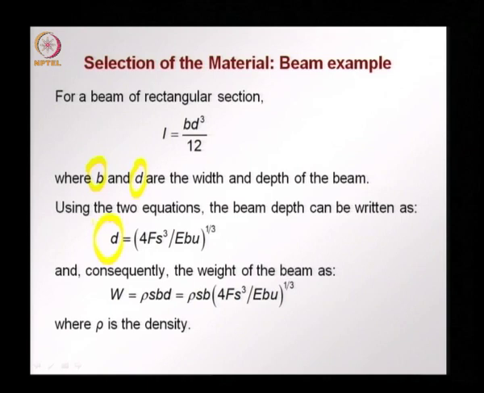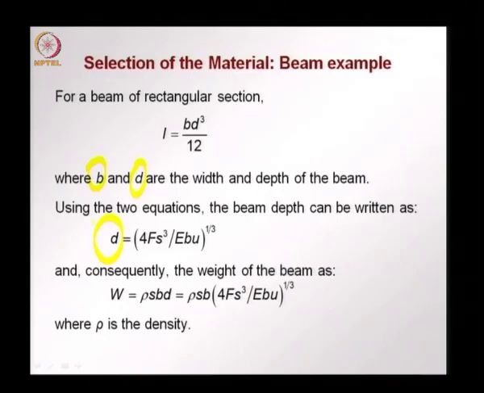So, we have the beam depth given as the cube root of 4 times the load applied at the end of the cantilever times the cube of the span divided by the Young's modulus, the width of the beam and the deflection. Now, this gives us the beam depth in terms of the other parameters.